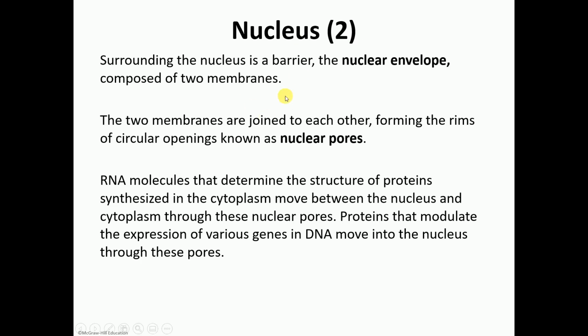There are little openings in the nuclear envelope so that there can be communication between the nucleus and the outside organelles in the cytosol. So we will see that RNA will be made inside of the nucleus, and then that RNA can squeeze itself through these nuclear pores in order to reach the cytosol.